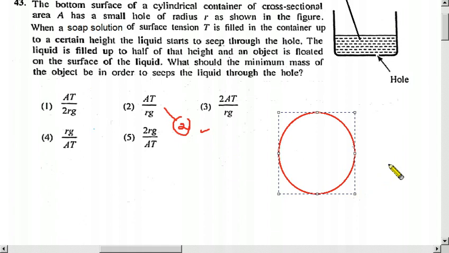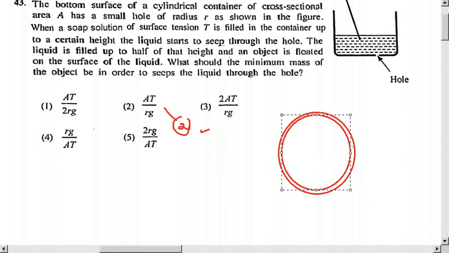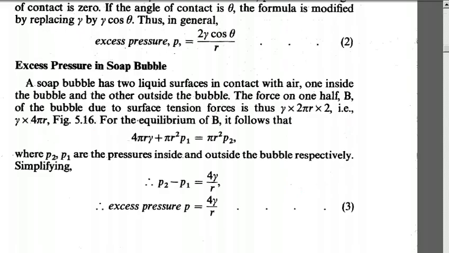If it were a soap bubble, the excess pressure is 4T divided by R. They have used gamma in this book instead of capital T for surface tension. So it should be 4T divided by R, the excess pressure. You must have learned this lesson.